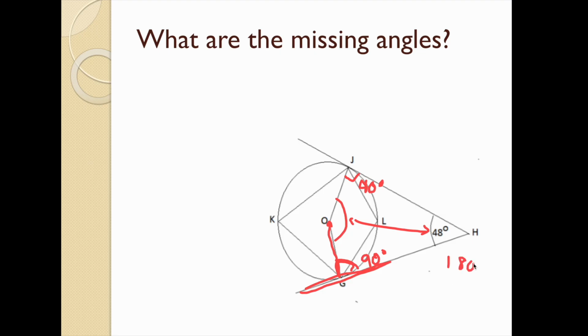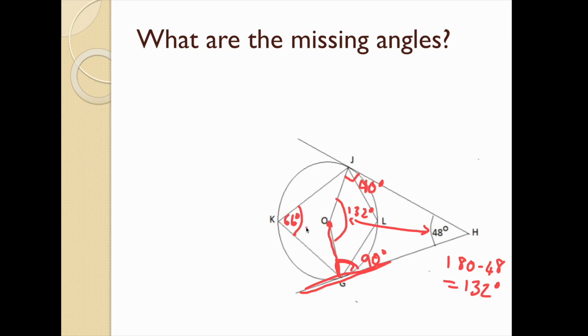So 180 take away 48 is 132. Now if this is 132 here, once you add up all four of these, you're going to get 360. Now if here's 132, what do you think here is going to be? Just remember the theorem we looked at. 66. 66, lovely. Because here is going to be half of this.